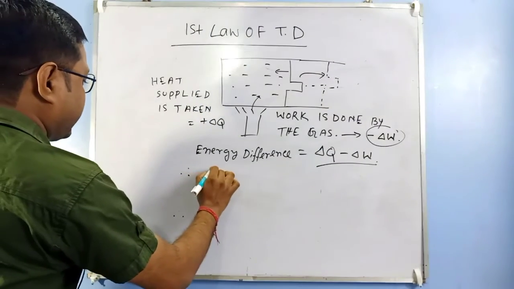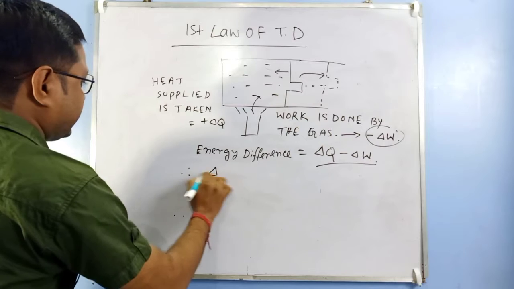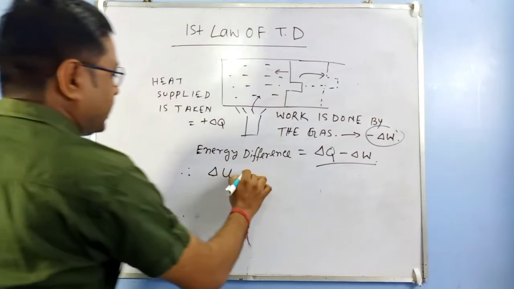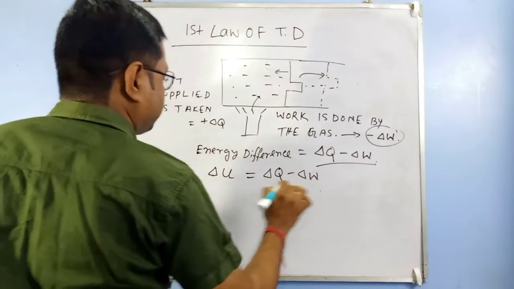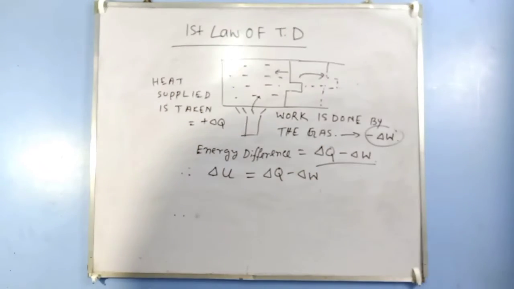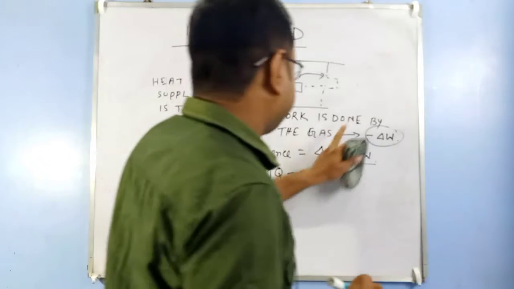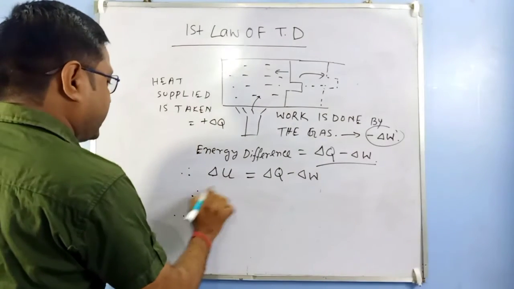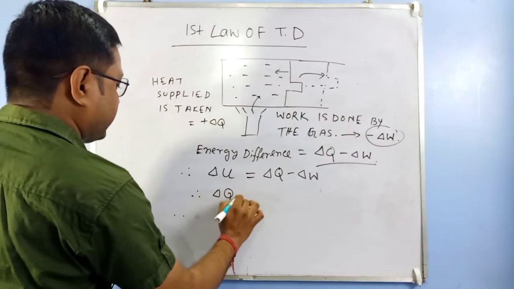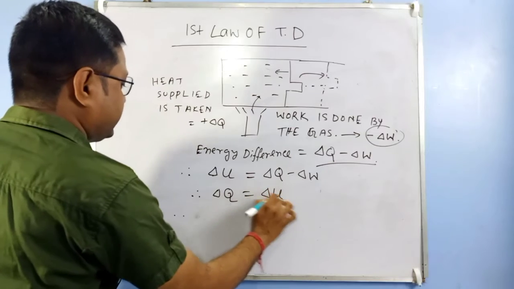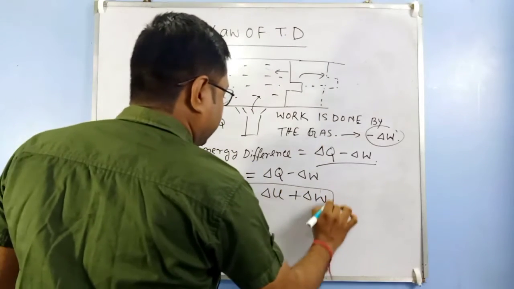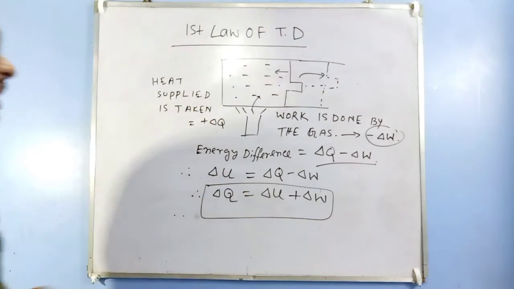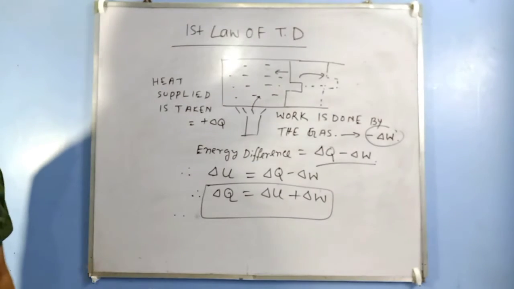So, we can write that the change in internal energy is given by delta U equal to the difference in energy due to heat and external work done. Therefore, the total heat delta Q is equal to the change in internal energy plus external work. This is nothing but the mathematical form of the first law of thermodynamics.